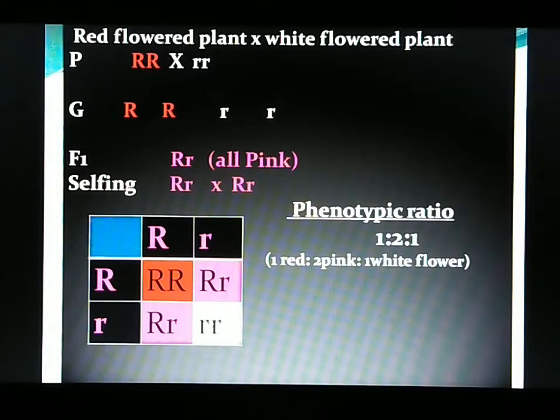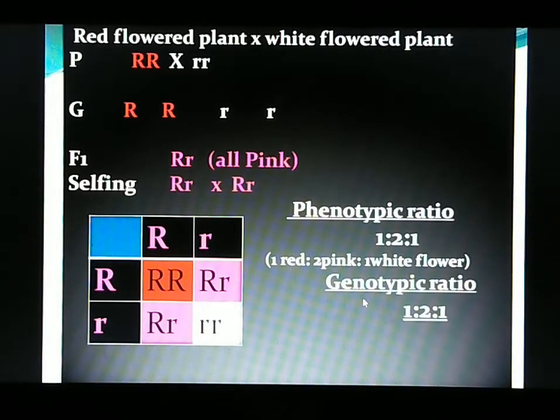So we have to remember here that the heterozygous in these plants show completely different phenotype or different flower color, whereas homozygous dominant will be exactly similar to one of the parents, and homozygous recessive will be similar to the other parent. Okay, that is white flower. What about the genotypic ratio?